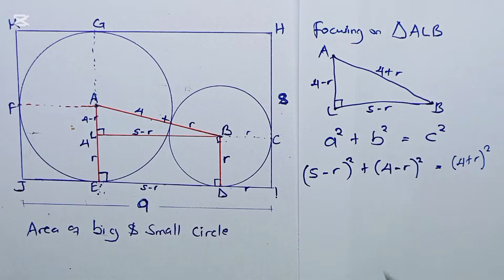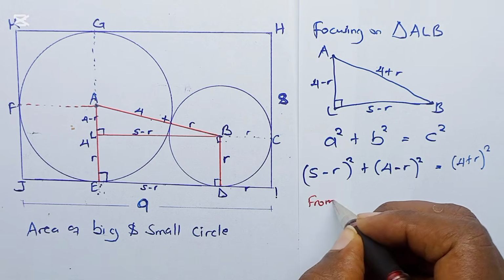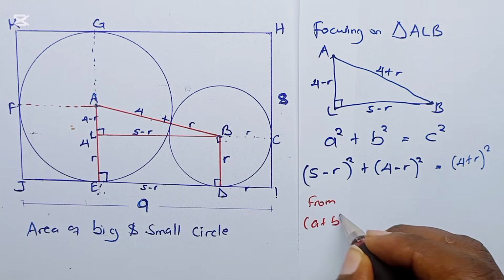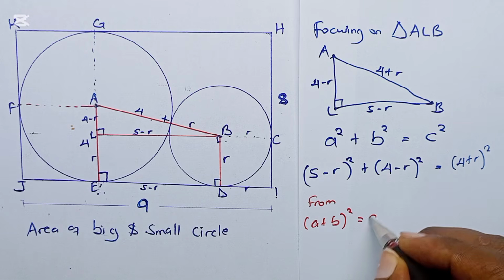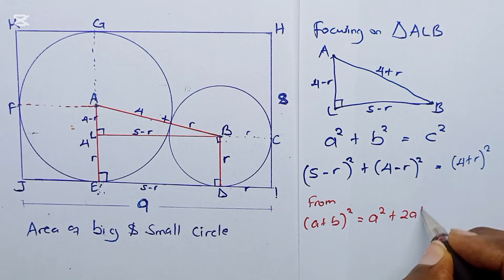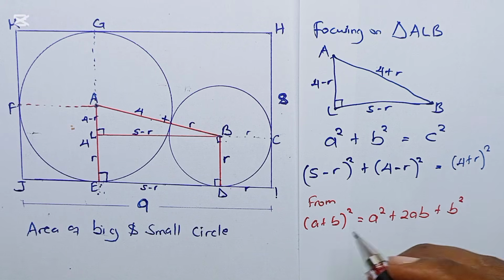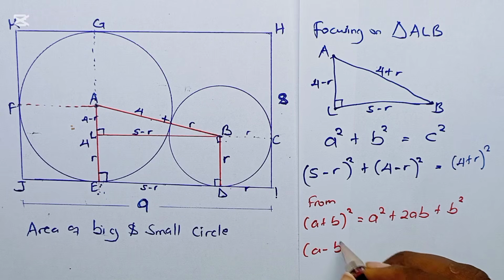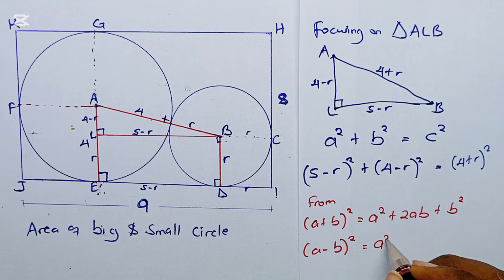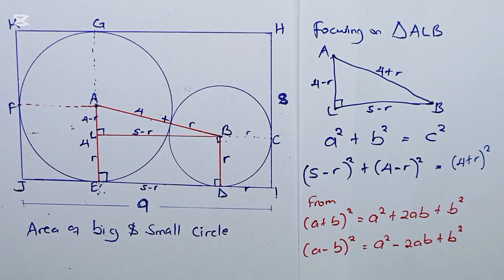Now, from these identities, A plus B squared is equal to A squared plus 2AB plus B squared. Also, A minus B squared is equal to A squared minus 2AB plus B squared.